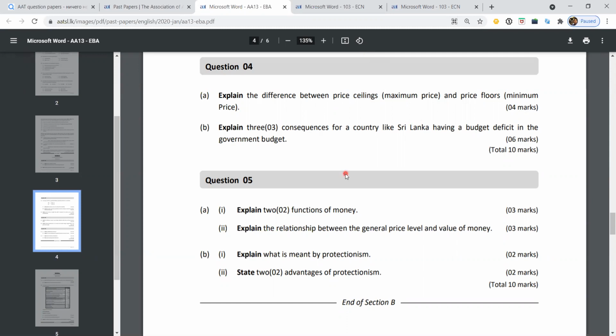Right, that's enough. Now that's all we can complete in this paper.